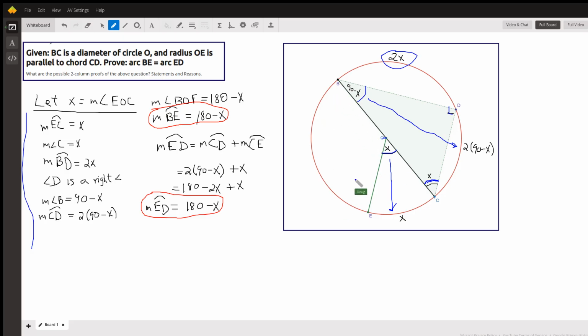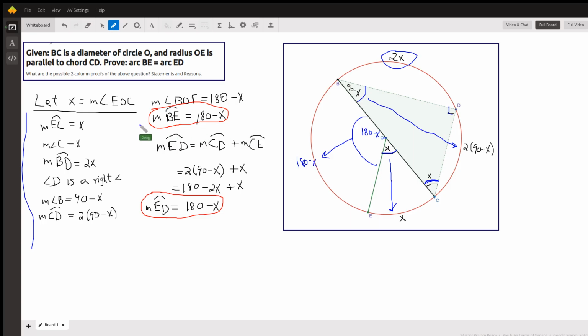Arc BE, because of this diameter and this radius, these two angles are supplementary. So right here, I can say this is 180 minus x. So the arc that it intercepts is 180 minus x because that 180 minus x is a central angle.